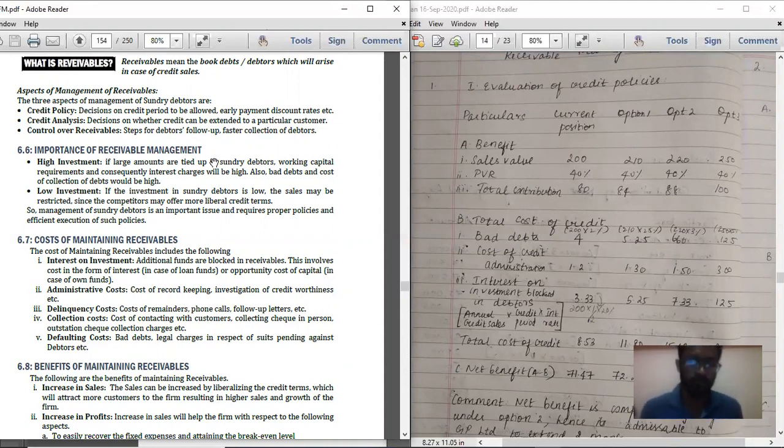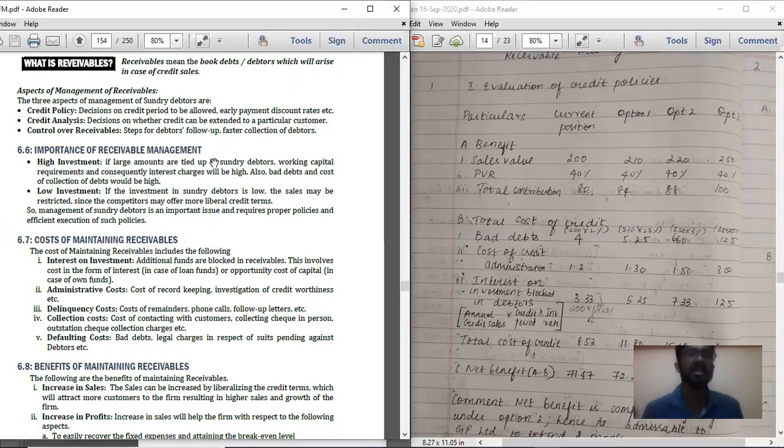For this period, you lose, say, 15% return, or some return which you would have expected from that amount, which gets logged in as debtors. So how much credit period should be allowed, such policies can be framed using receivables management.